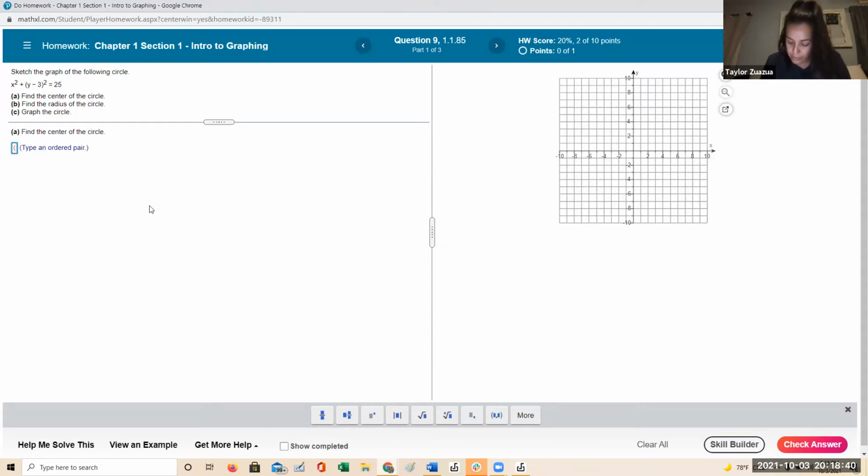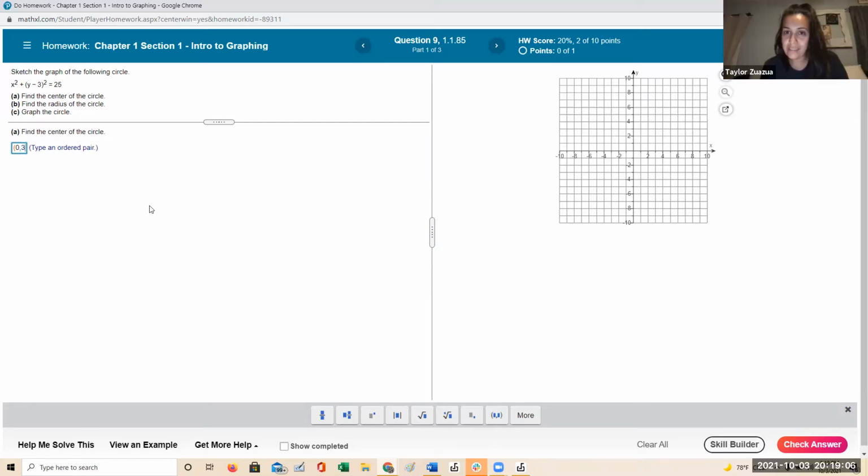So it's x squared plus y. Hopefully now you get to a point where you can see the center of the circle just by looking at it. So x is 0, and then the y would be 3. It's always the opposite of what's inside the parentheses.